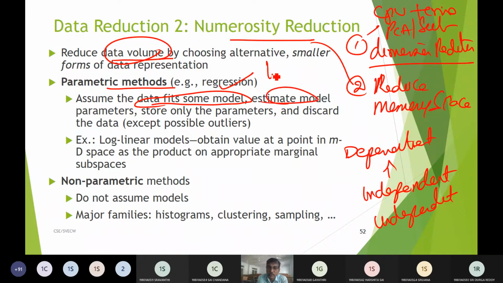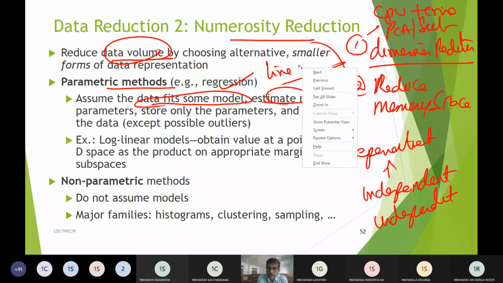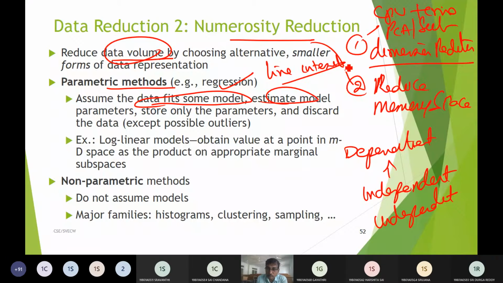So we will identify a line and then we will estimate the error. Estimating the error, we will call it the intercept, and the slope is found, and we will compute the error between the actual value and the expected value. Those items which have greater errors are going to be eliminated. So we will detect the outliers and these outliers are going to be reduced.